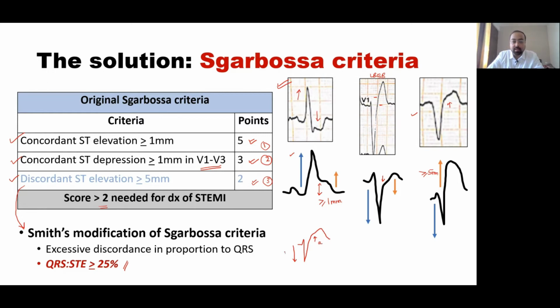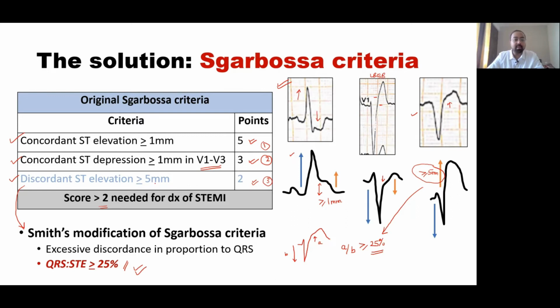So if this is A and this is B, if the ratio of ST elevation to the depth of the S wave is more than 25%, it is considered to be significant. So we have shifted from the original absolute value of 5 millimeters to at least a 25% increase in the ST segment. Once we modified this criteria, the specificity of this criteria increased.